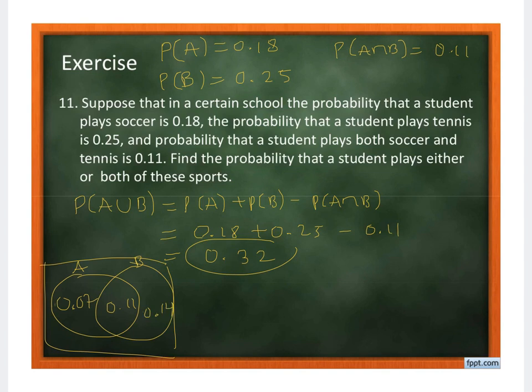And we add it all: 0.07 plus 0.11 plus 0.14 equals 0.32. The answer is the same whether you use the Venn diagram or the formula.